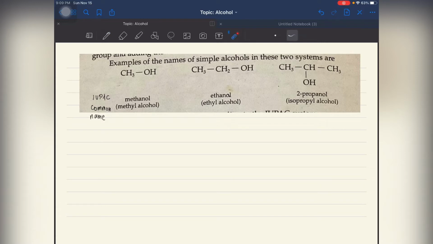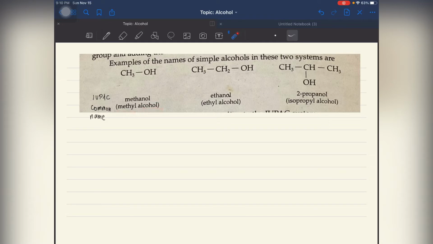So for the first one, since we have one carbon atom here, so that's meth, right? So meth plus its functional group OH, so we have methanol. So remember, pinalitan lang yung E ng OL. The next, for common naming, sinabi kanina parang magiging alkyl group yung ating carbon here. Then dagdagan lang ng alcohol, so we have methyl alcohol.